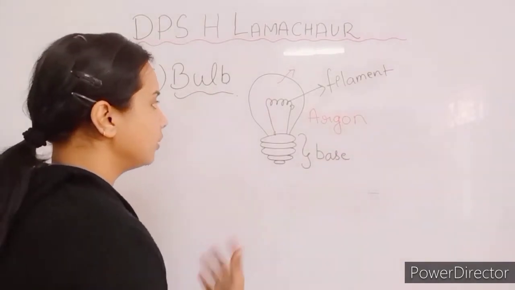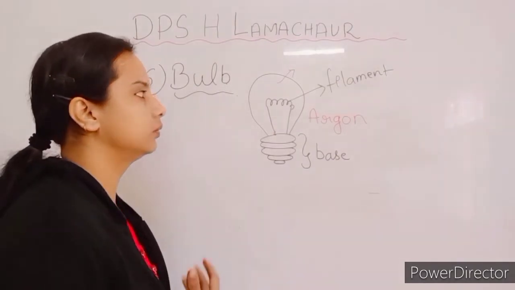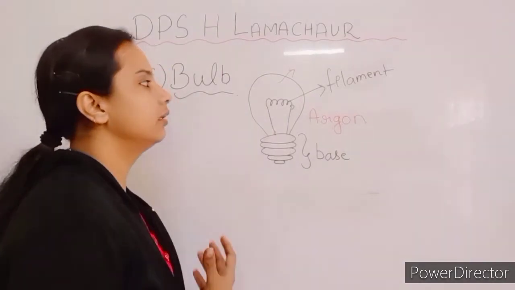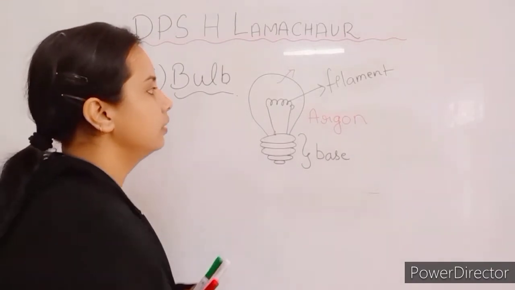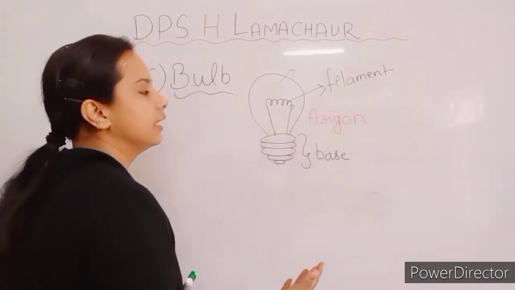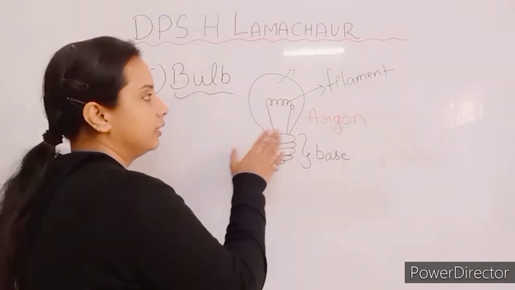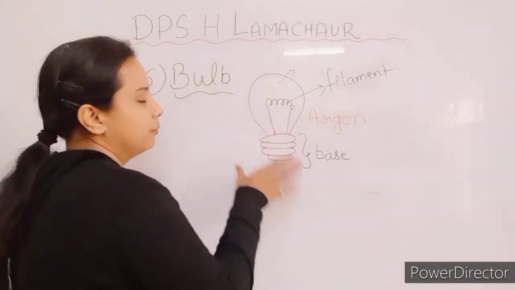Due to heat, when this bulb glows, heat also evolves from it. It becomes hot, due to which vaporization happens. So this argon, which is an inert gas, will retard the formation of vaporization.